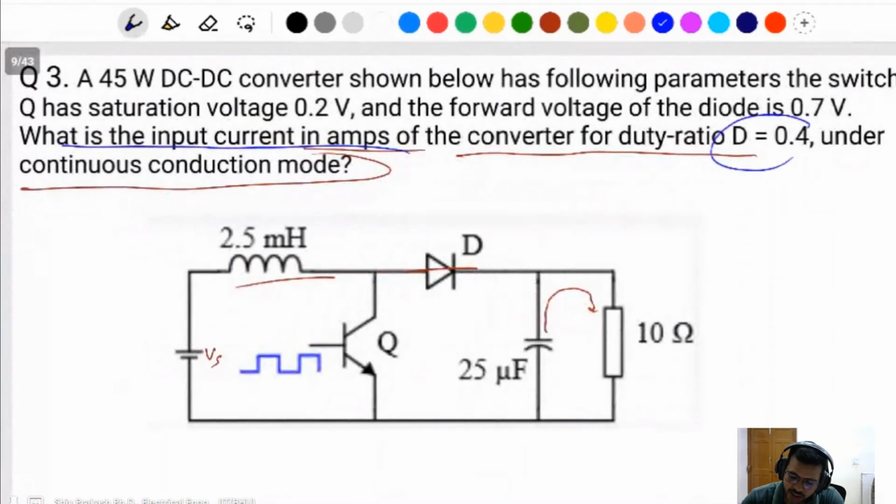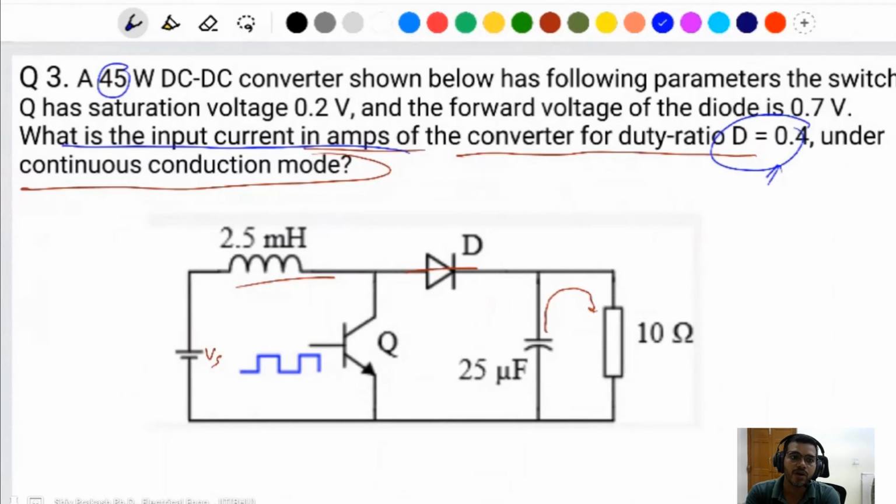Duty cycle is given as 0.4 and 45 watt is given as the power. If any power is given for the converter or any electrical system, it means the output power. If the rating is given, that rating is the output rating only, not the input rating.